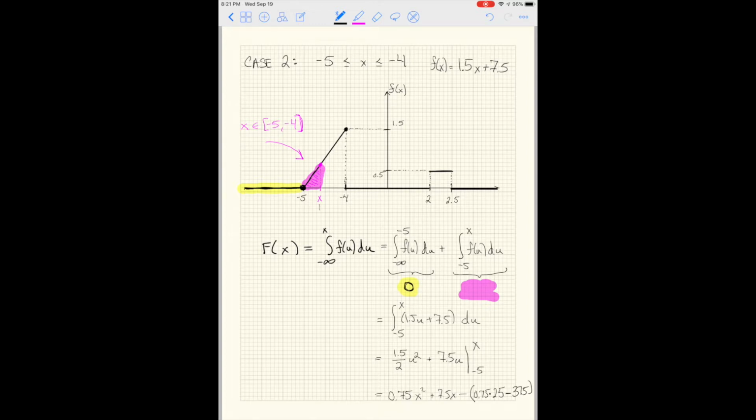And then 0.75 times 25, that's not the nicest number, so that's 3/4 of 25, or 75 over 4.